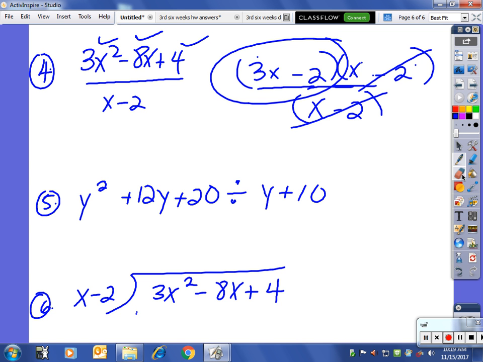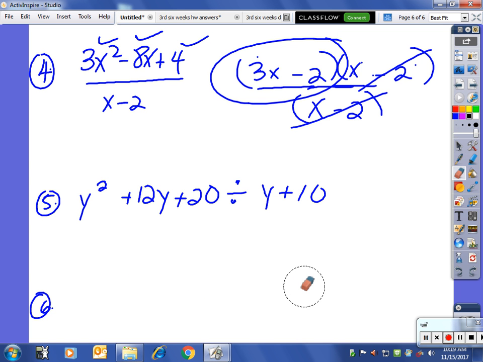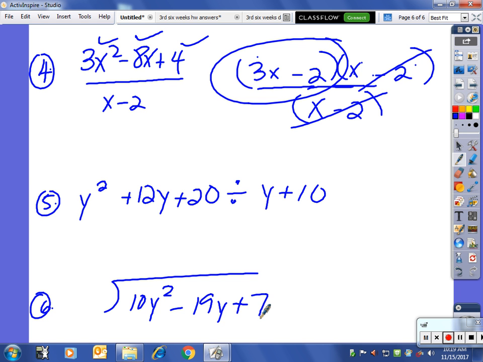You are kidding me. I just looked this one up in the book. Okay, let me change that. 10y squared minus 19y plus 7 divided by 2y minus 1. How about that?